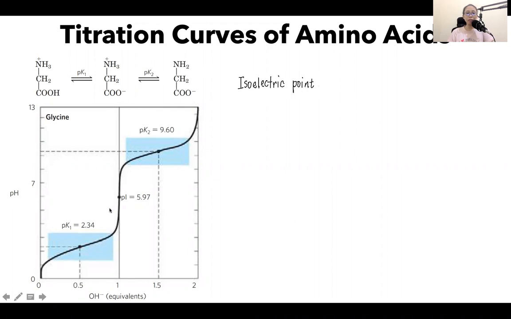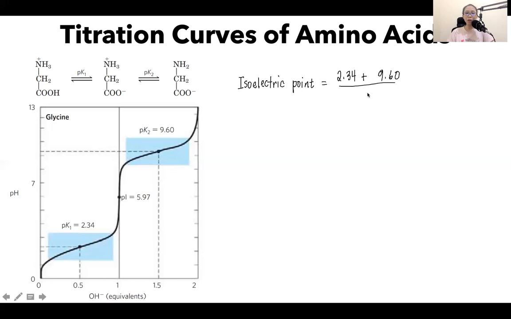Notice that between the two pK values, we see the Zwitter ion form of glycine. So the isoelectric point is determined by getting the average of the two pK values surrounding this Zwitter ion.